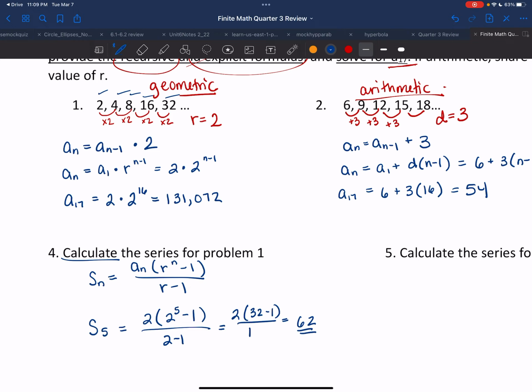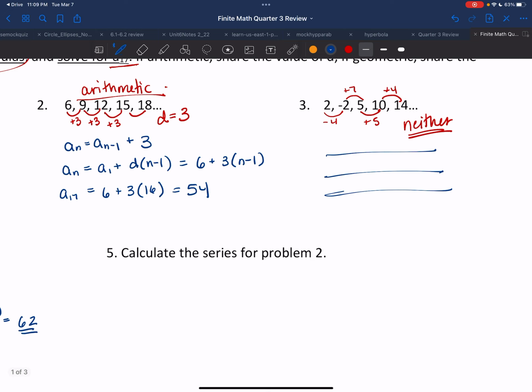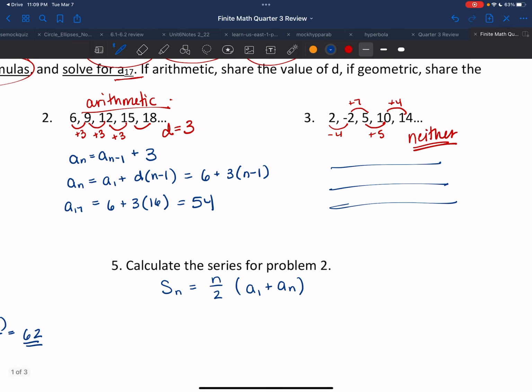All right, let's take a look at the series for an arithmetic sequence. So the series there, s_n, is going to equal n over 2 times the first plus the last one. I have in this arithmetic sequence 5 numbers. So I'm going to say s of 5.